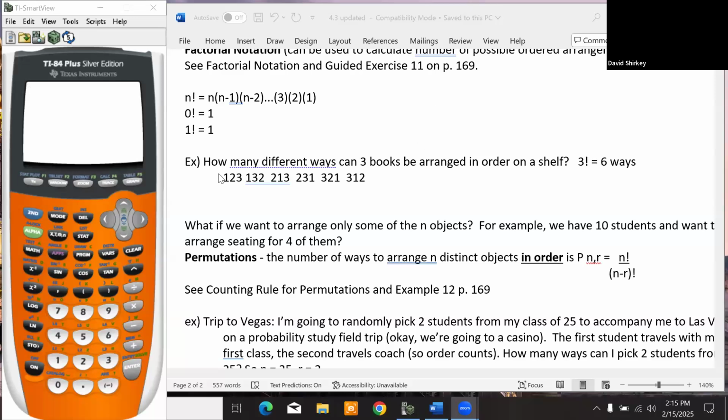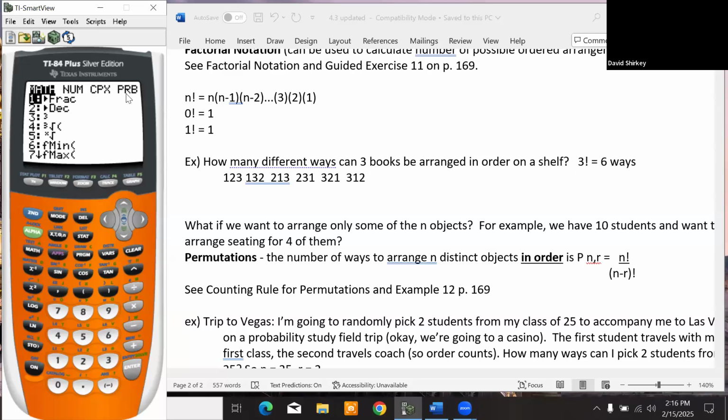All right, so for this example that we just looked at and how many ways can 3 books be arranged, and it's 3 factorial, on your graphing calculator, just type the number 3, go over to the math key, press math. If you look at the top, you see math fractions, changing decimals to fractions is highlighted.